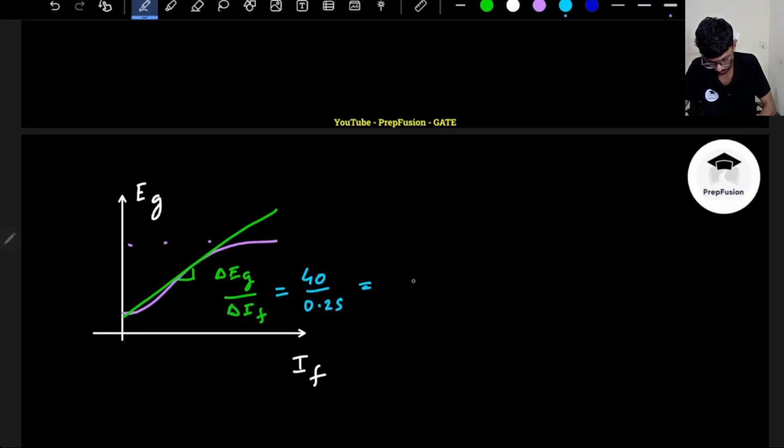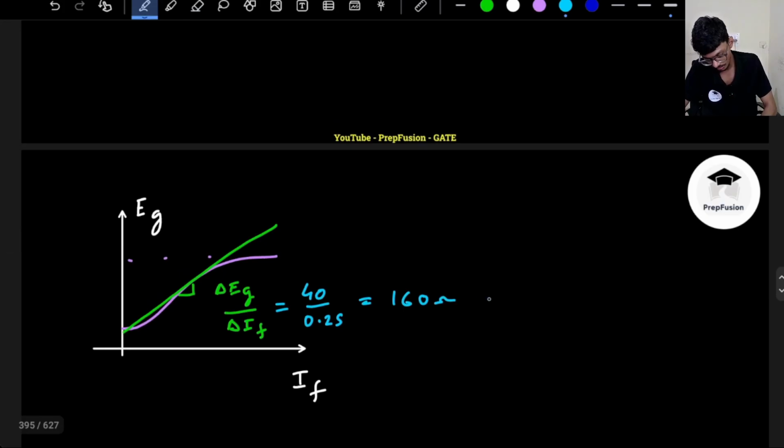So this will come out to be 160 ohms. Okay, so 160 ohms is the critical resistance in case 1 where my speed is 800 rpm.